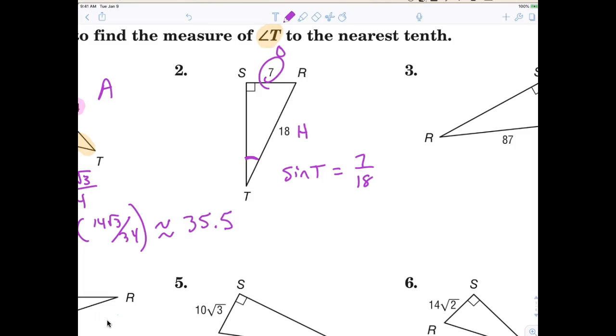Then what? T is equal to the inverse sine of 7 over 18. Could somebody tell me approximately to the 10th? 22.9 degrees. Beautiful. It's really simple.